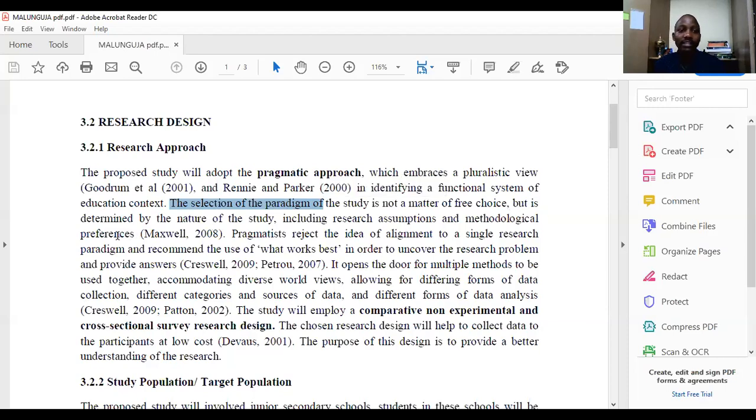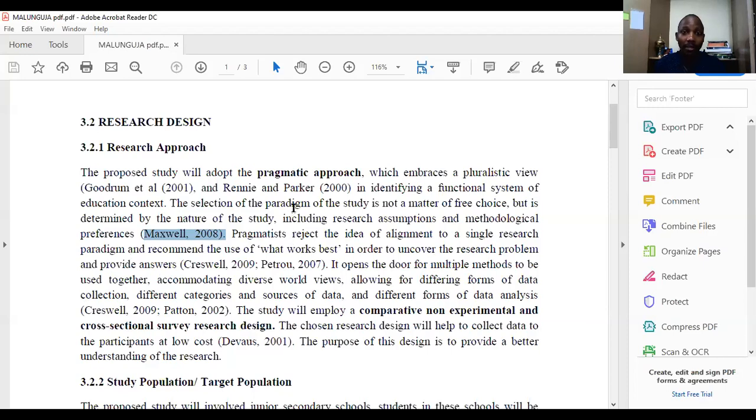Rather, it is determined by the nature of the study, including research assumptions and the preferred methods, supported by this particular citation. Pragmatism rejects the idea of aligning to a single research paradigm.